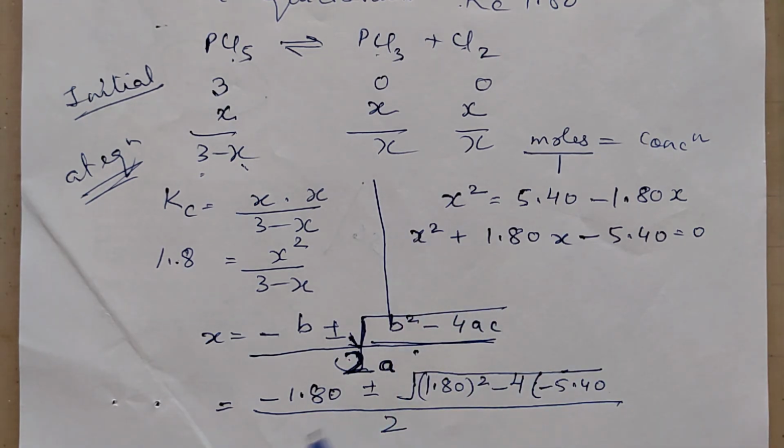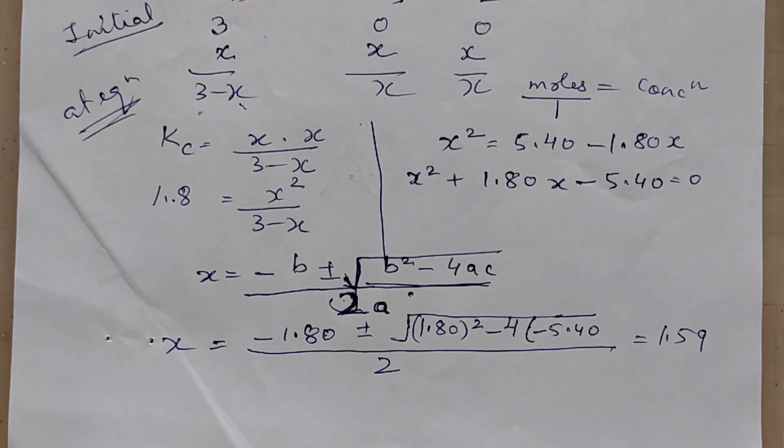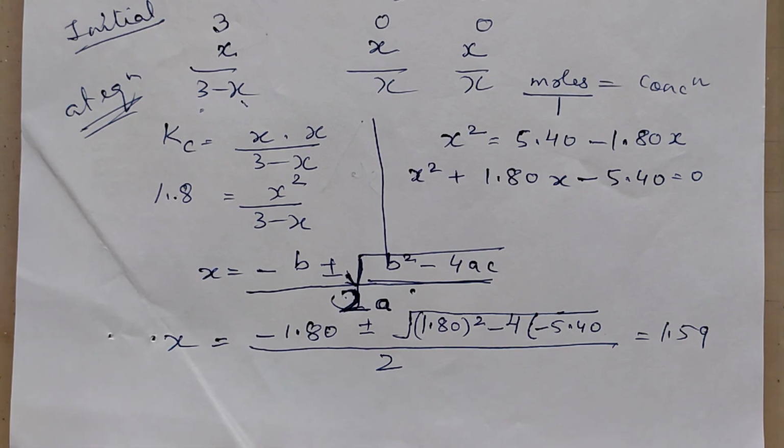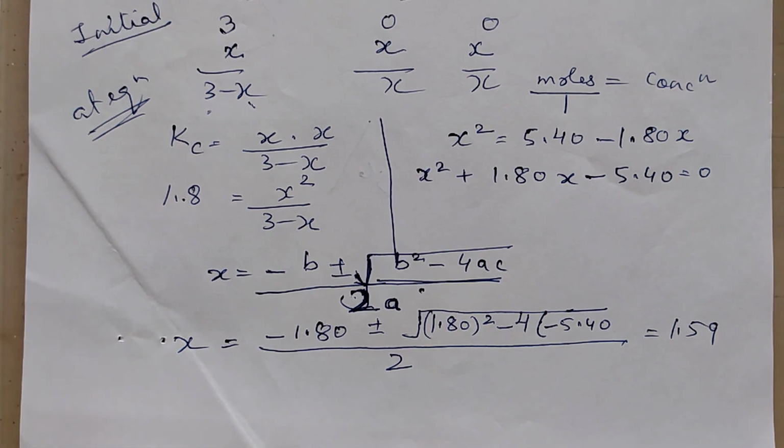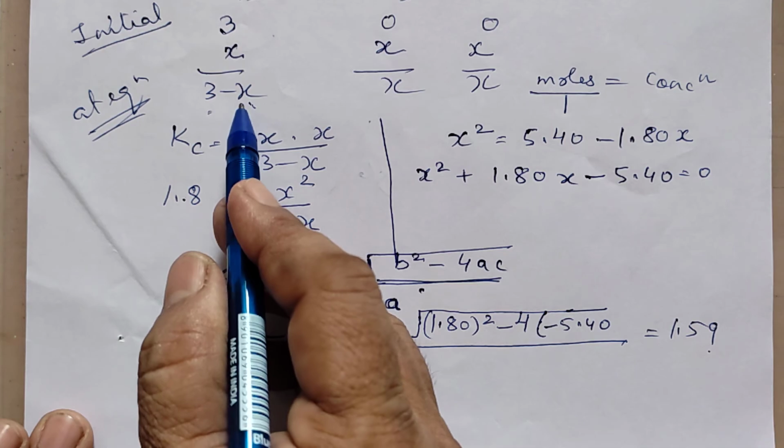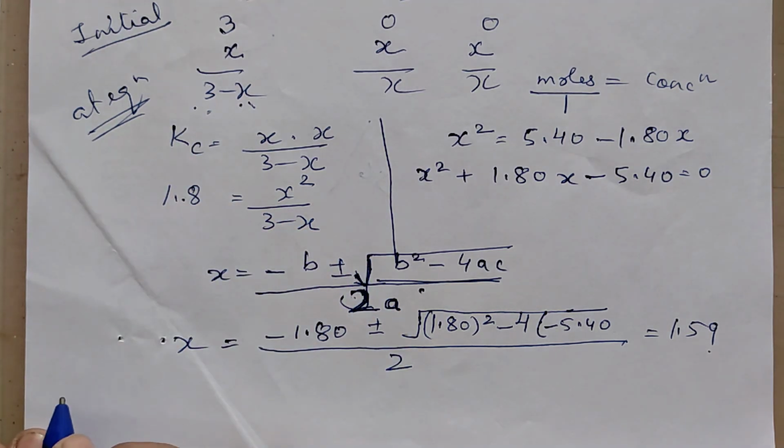When you solve this, we have to select only the value where you get a positive value. When you do that, you will get the x value equal to 1.59. So where you get a positive value, you select that root. Now that we know the x value, we can directly put it. What is our concentration now?